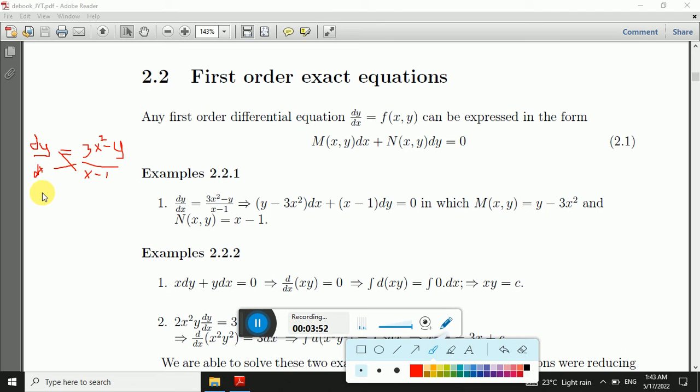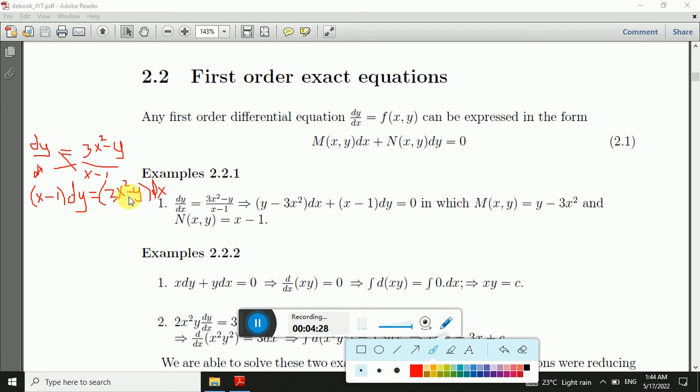When you cross multiply, you're going to have (x minus 1) dy equaling (3x squared minus y) dx. So this is just cross multiplication.